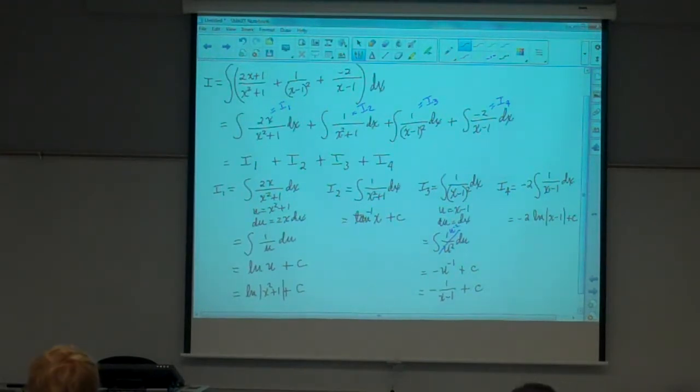Everybody? I4, if you don't see, what is the derivative of x minus 1? 1. So don't you have x minus 1 in the bottom, the derivative of it in the numerator, so it's already set up for you? But if you don't want to do that, wouldn't you just say u is equal to x minus 1? Everybody?